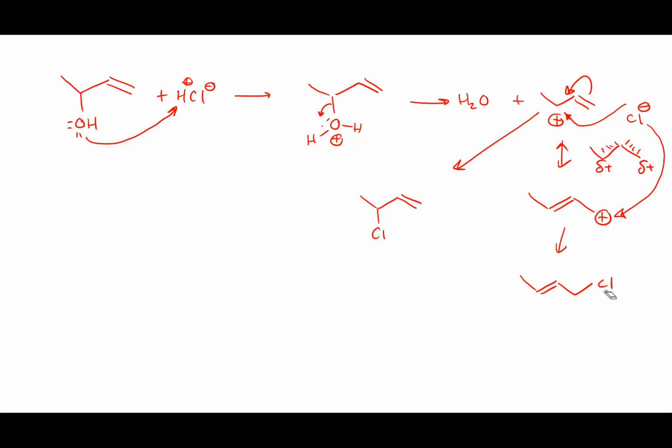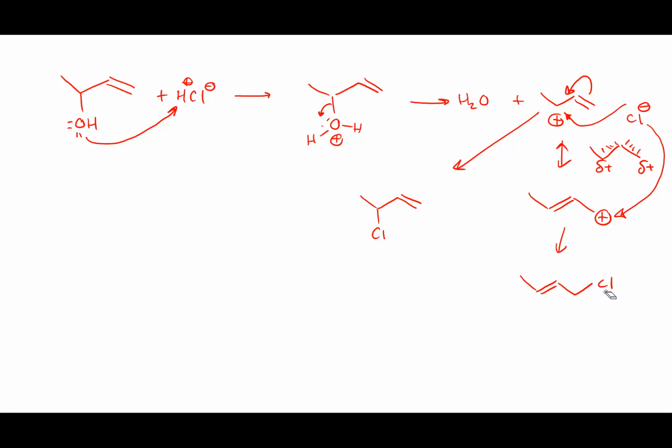What it means that it depends is that under one set of conditions, I can get this as the major product, and by changing the reaction conditions, I can then get that as the major product. This is not two different sets of conditions like Markovnikov, anti-Markovnikov. This is simply by changing those reaction conditions, I can switch what the major product is.